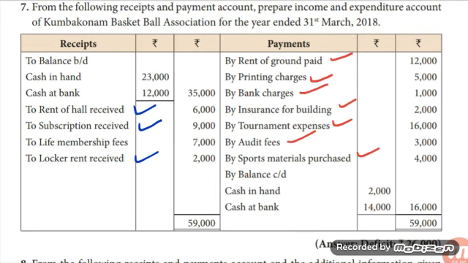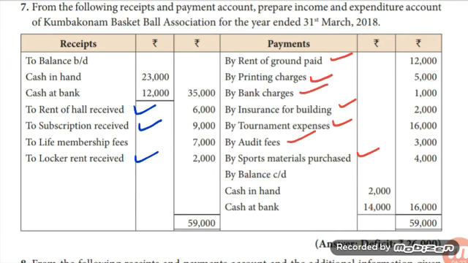For solving, first you should mark revenue income and revenue payments. Opening balance you do not take. Next, rent of hall received, revenue receipt, subscription received, revenue receipt, life membership fees, that is capital receipt, you need not take.